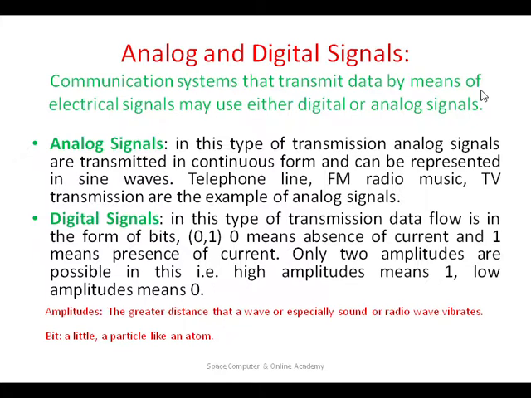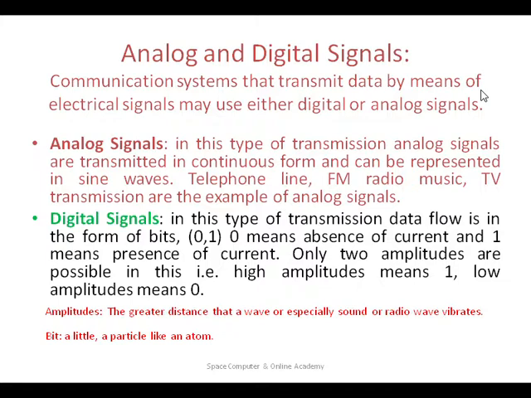Analog signals are transmitted in continuous form and can be represented as sine waves. Telephone lines, FM radio, music and TV transmissions are examples of analog signals, whereas digital signals, in this type of transmission, data flows in the form of bits, 0 and 1. 0 means absence of current and 1 means presence of current.